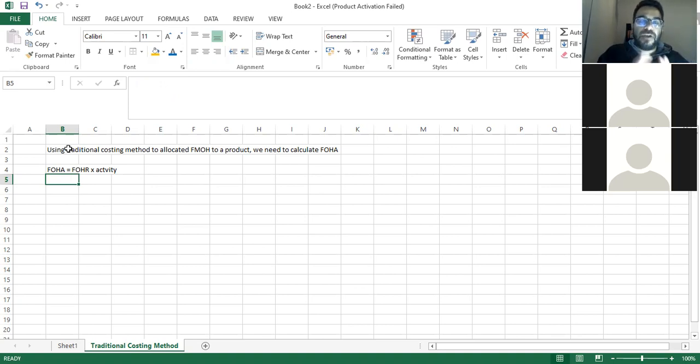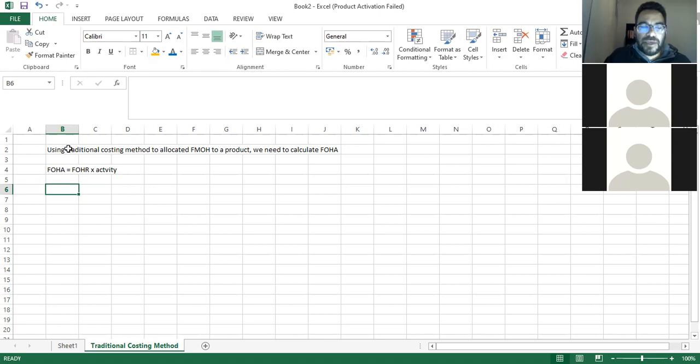Remember, your basis of allocating overheads could either be an input or an output. If it's an output, it is units produced. If it's an input, it would be labor hours, labor costs, machine hours, material costs, something that goes into the production.